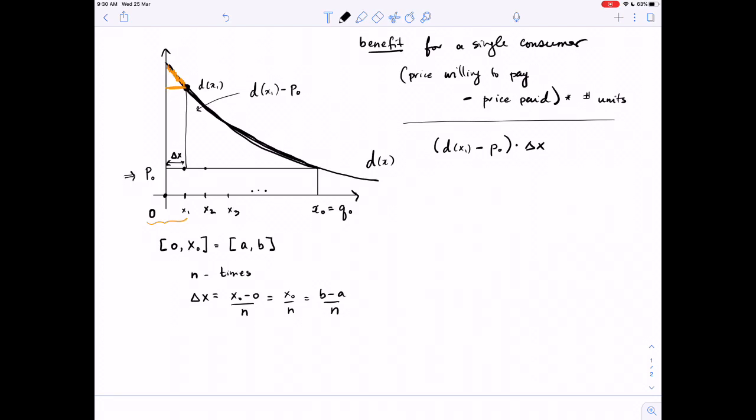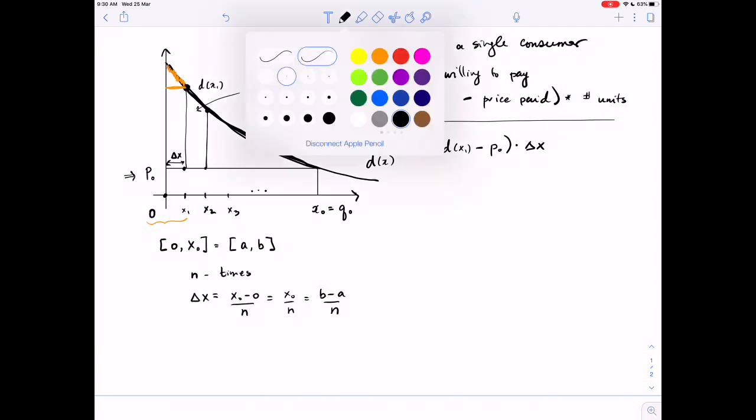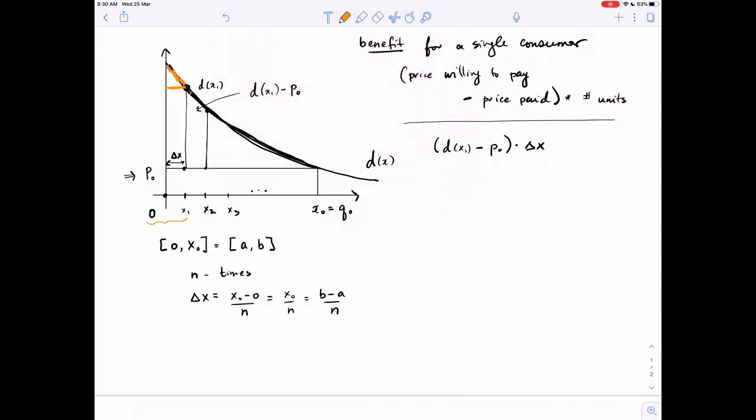So at x2, a consumer here would be willing to pay d of x2. And for d of x2, we're going to make the same kind of approximation that everybody between those values is also willing to pay d of x2.